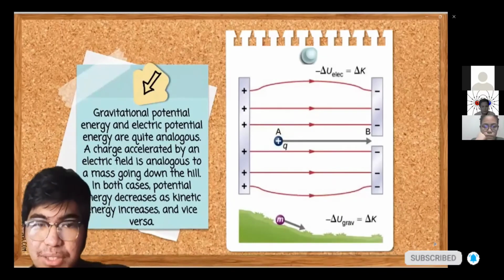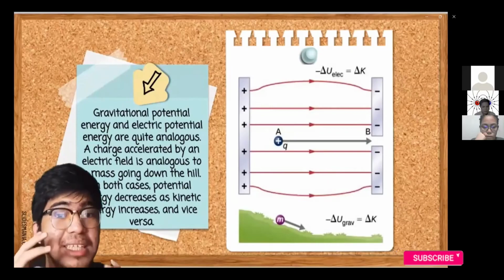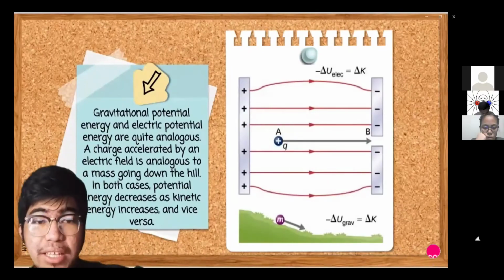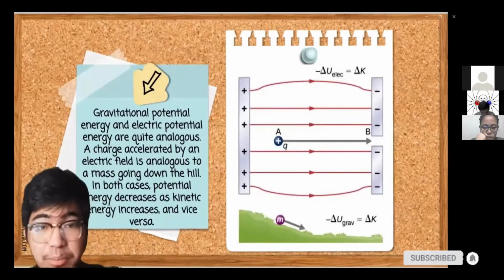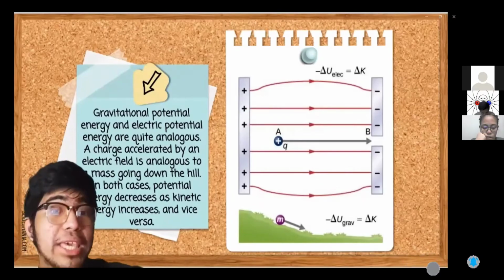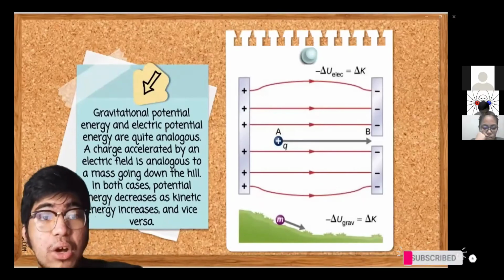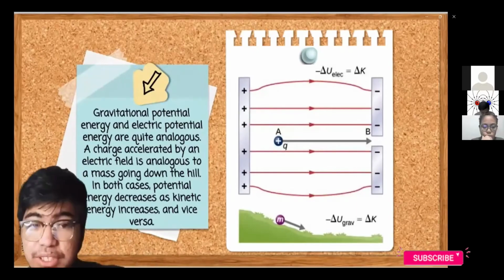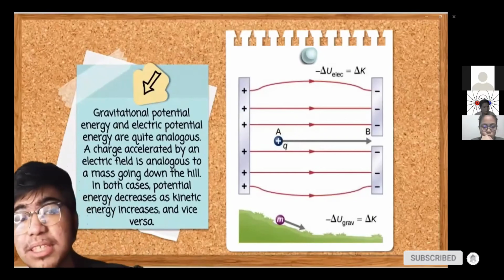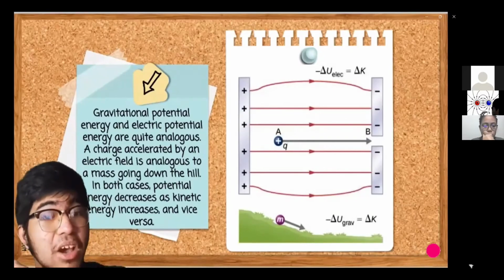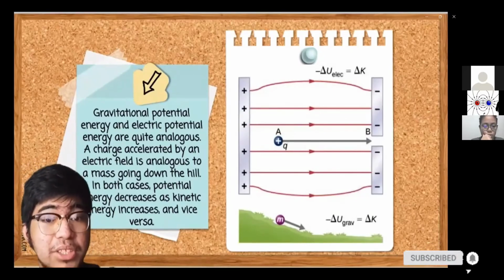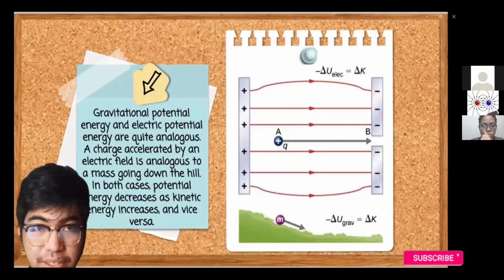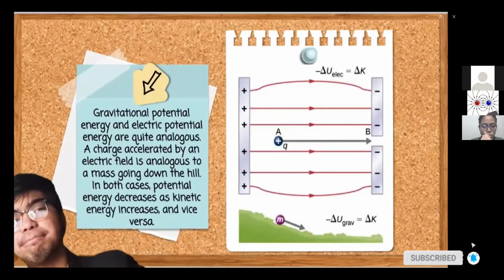The process is analogous to an object being accelerated by a gravitational field, as if the charge were going down a hill, where its electric potential energy is converted into kinetic energy. Of course, the sources of the forces are very different, but the concept here is the similarities of GPE, or gravitational potential energy, and EPE, or electric potential energy. Thank you.